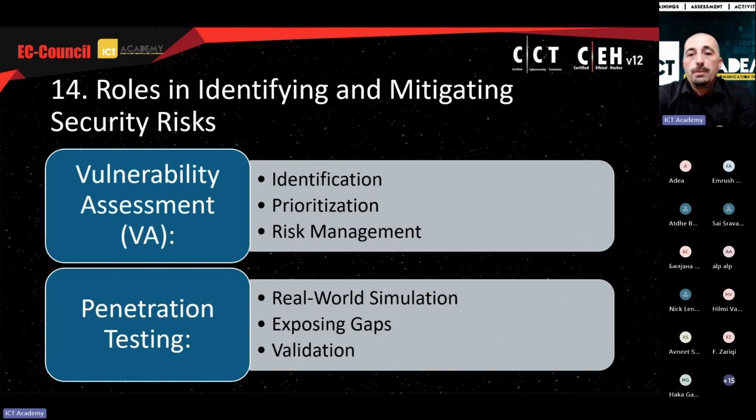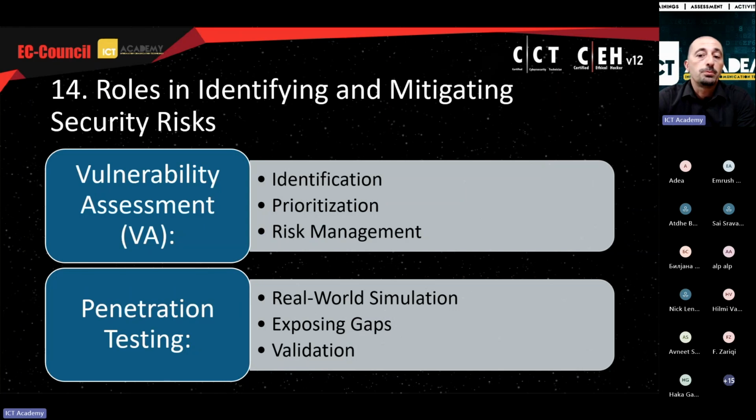On the roles of VAPT, vulnerability assessment is about identification. Vulnerability assessment starts with identifying vulnerabilities, as we described earlier in the steps of penetration testing. Vulnerability assessment tools scan networks and systems and catalog the known vulnerabilities and weaknesses that have been identified. Prioritization. Assessors evaluate the severity of identified vulnerabilities based on factors like potential impact and ease of exploitation.